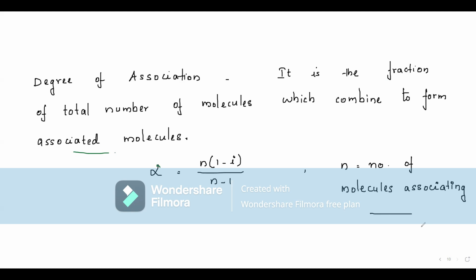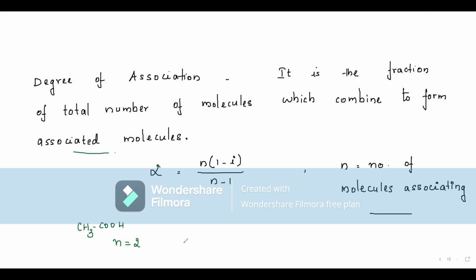Here n is number of molecules associating. Say, for example, if we take acetic acid, for acetic acid, n is equal to 2, because 2 acetic acid molecules are joining together.